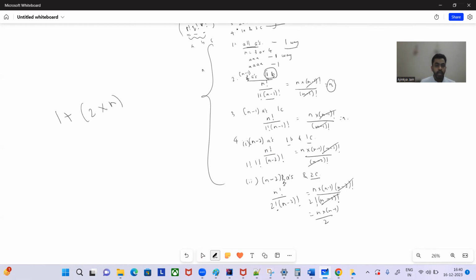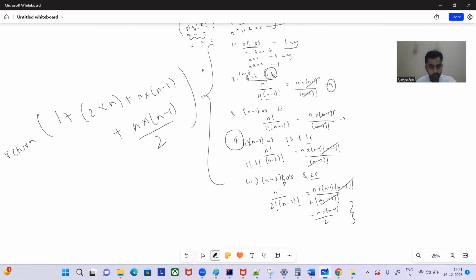Then the fourth one has two parts: the first part gives us n into n minus 1, plus the second part gives us n into n minus 1 by 2. So simple, this is the solution. Return just this combination.